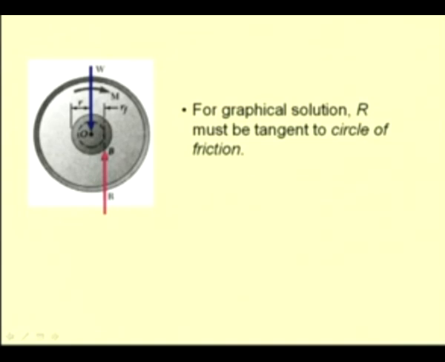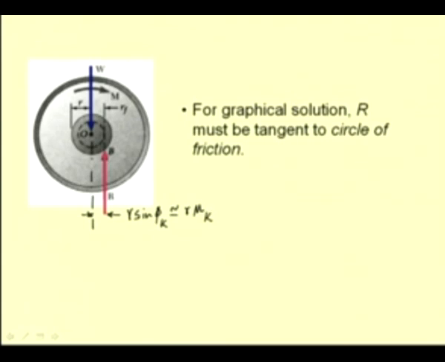So, this vertical displacement is equal to R sin phi k, which is approximately equal to R times mu k.